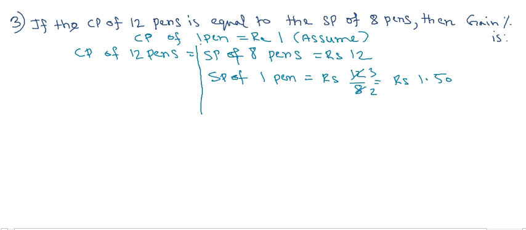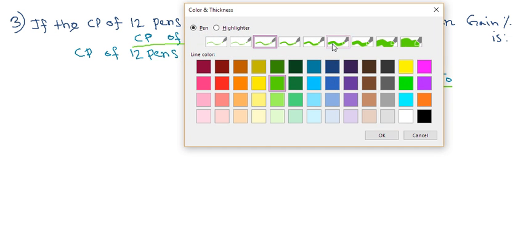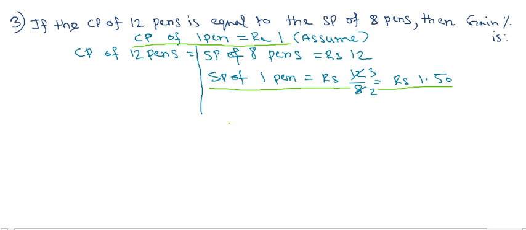Now we know that the CP of 1 pen is rupees 1, and the SP of 1 pen we got here is rupees 1.50. So the gain is rupees 0.50.